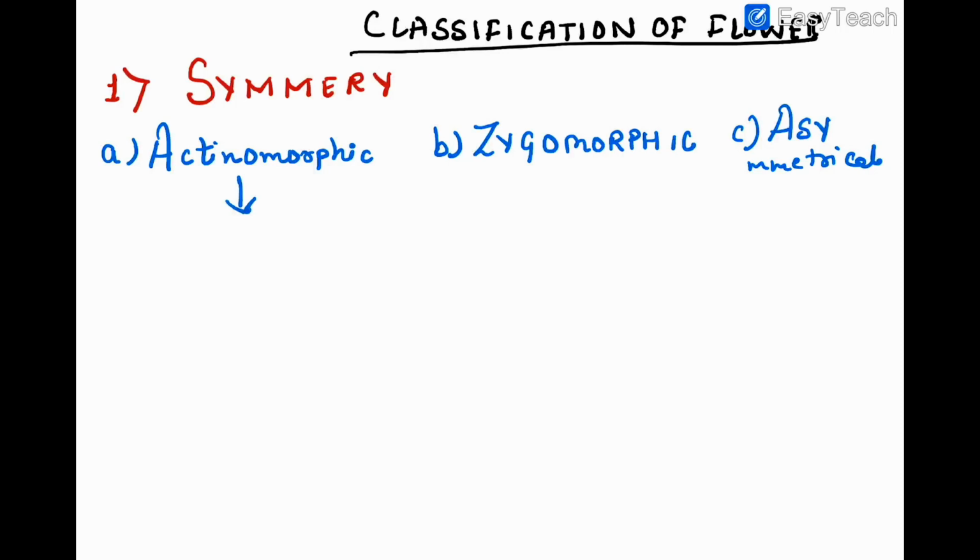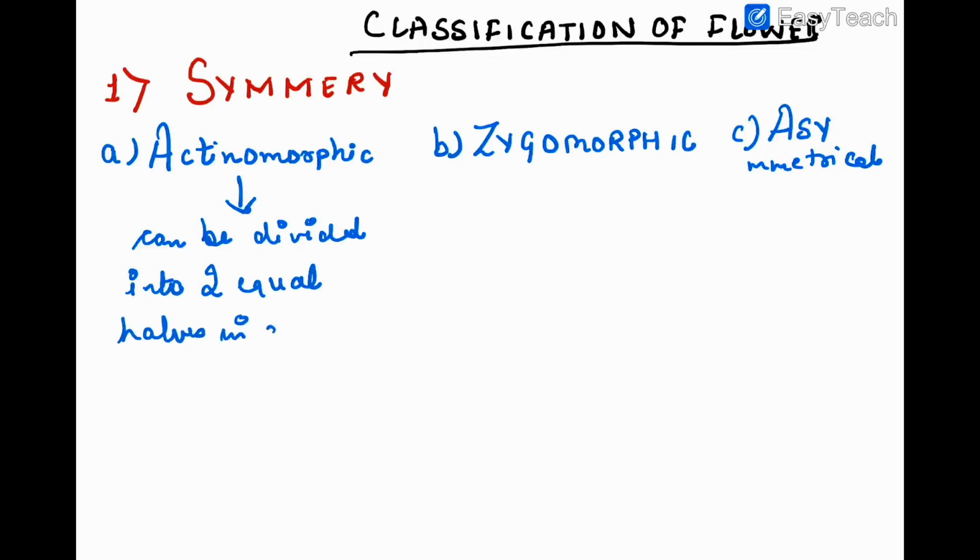Actinomorphic are those flowers which can be divided into two equal halves in any radial plane. So they can be divided into two equal halves by any plane.